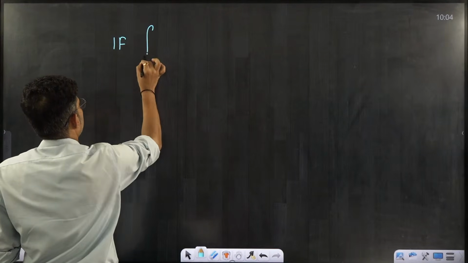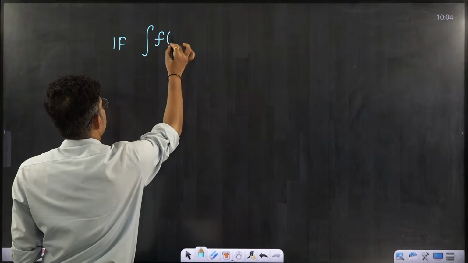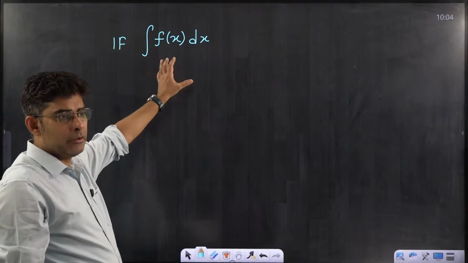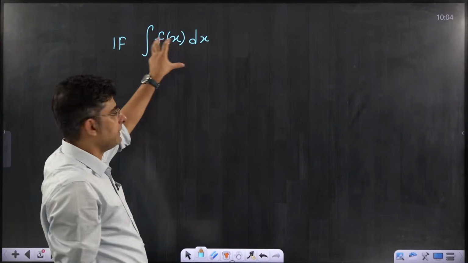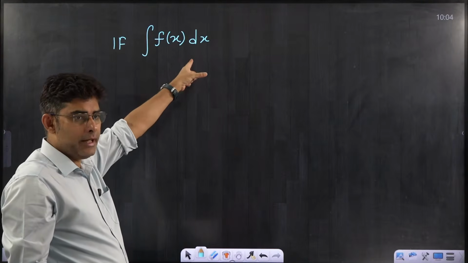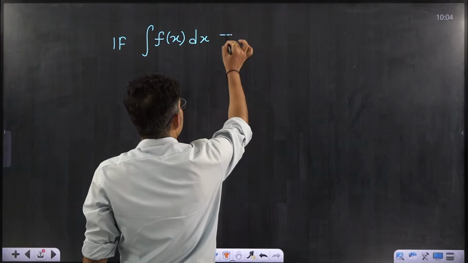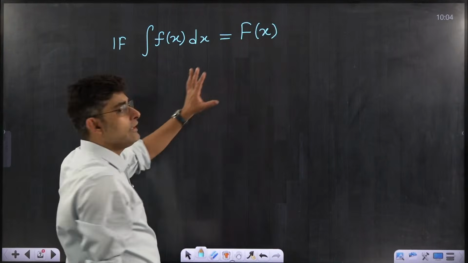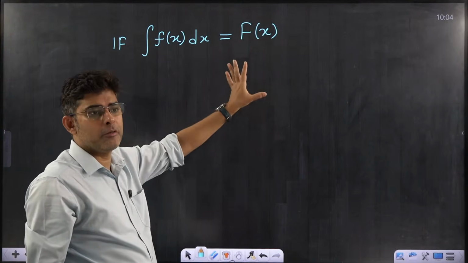Suppose you integrate any function of x with respect to x, you write it in this format. That means you are integrating f(x) with respect to x. We write, suppose this is equal to a new function, let's call it capital F. Just giving a name, I'll show by example also. Don't be in a hurry.